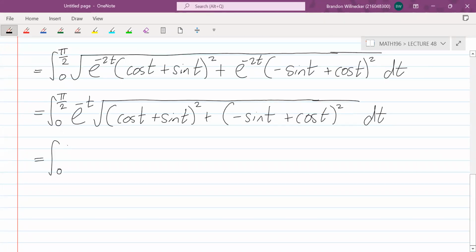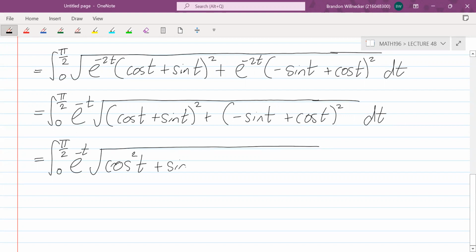So we're going to have the integral from 0 to pi over 2 of e to the minus t times the square root of, if we square this, we're going to get cos squared t plus sin squared t plus 2 sin t cos t. Okay, so that's just squaring the first bracket. We can then square the second bracket.